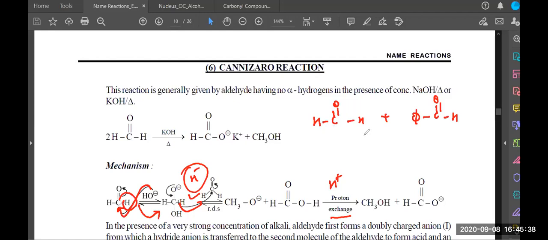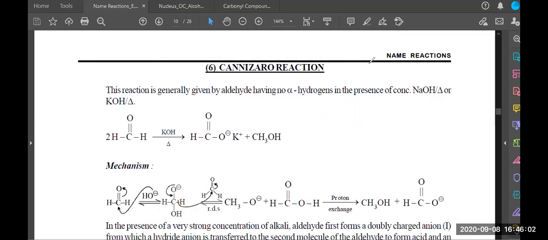When we talk about nucleophilic addition, obviously the nucleophile will be added to that substrate which is sterically less hindered. That's why you have to keep this in your mind. OH will attack that substrate which is sterically less hindered. Hence, the carboxylic acid will come from that substrate which is sterically less hindered. Got it?